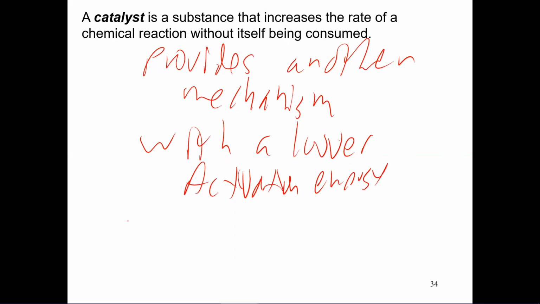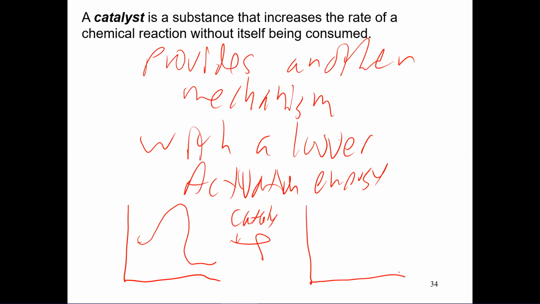Okay, so if you've got one reaction that occurs like this, and you've got this activation energy that's relatively high going down to the products, and then you add the catalyst, essentially you will now get a new reaction curve that will look like this, with it relatively low.